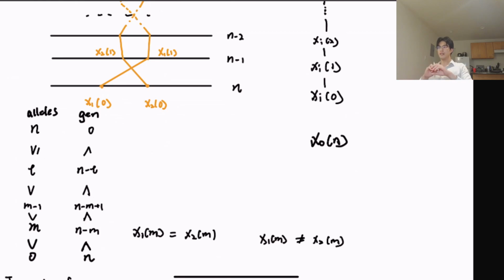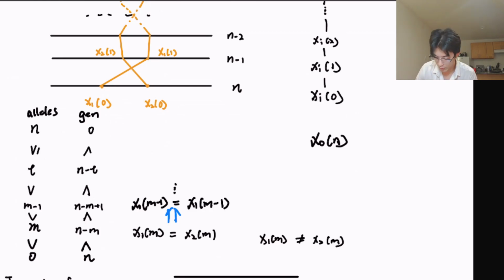So if x1m equals x2m, that means x1(m-1) must be equal to x2(m-1), right? And we can do a kind of induction.